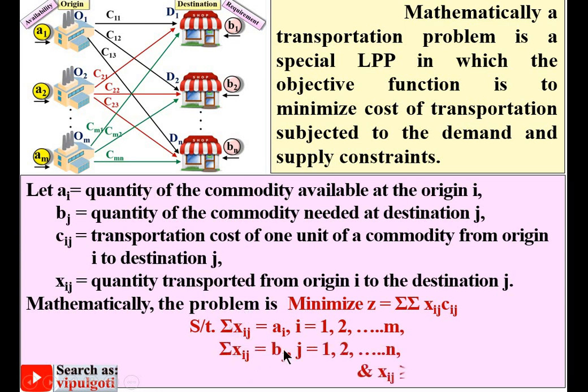Similarly, sigma Xij is equal to Bj, where j is 1 to n. From this figure you can say Bj means B1 plus B2 plus up to Bn, and that should be exactly equal to sigma Xij. That means the total quantity transferred.